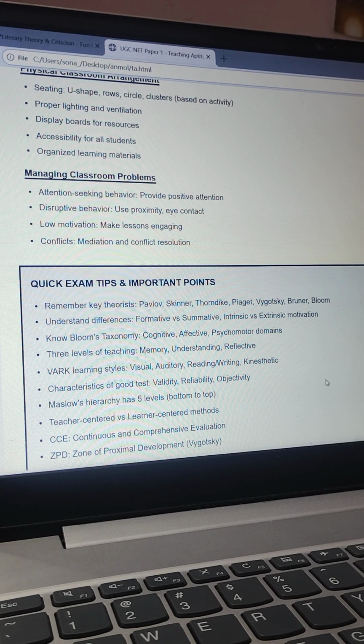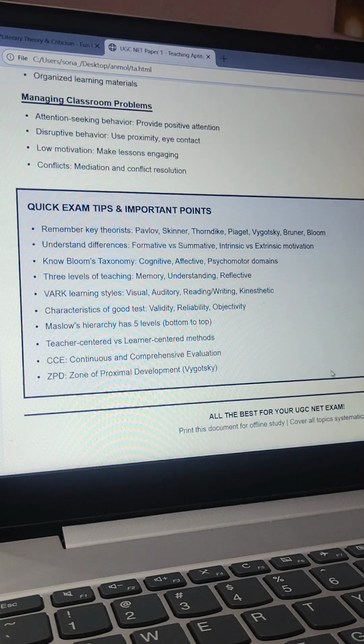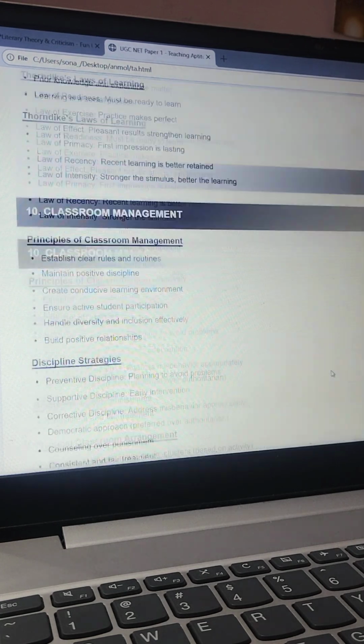Then teacher centered versus learner centered methods, CCE and ZPD, that is zone of proximal development. I request you to go through ZPD once, and remember key theorists. These are the things you can go through, and yes, all the best.